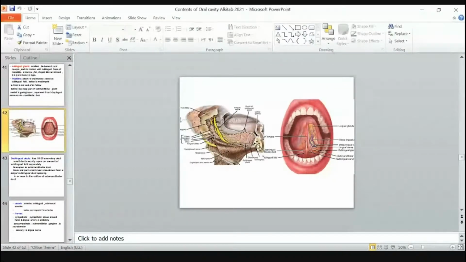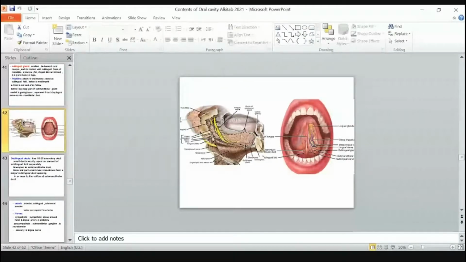Some of the ducts join the duct of the submandibular gland and open with it into the summit of the sublingual papilla. As I said, the sublingual gland secretes totally mucous saliva.